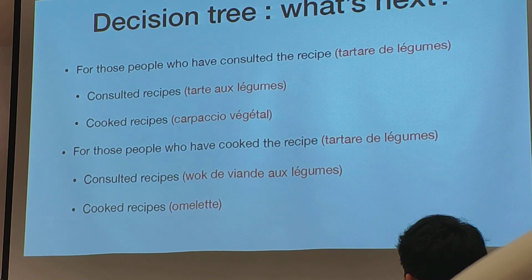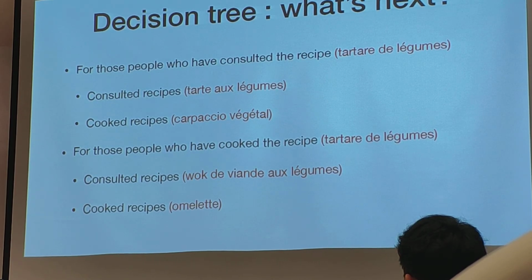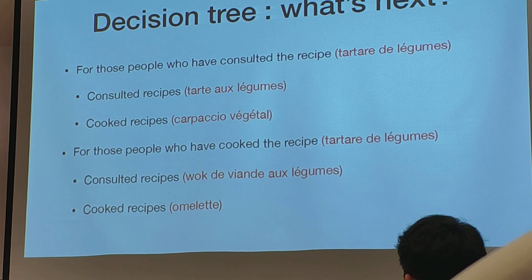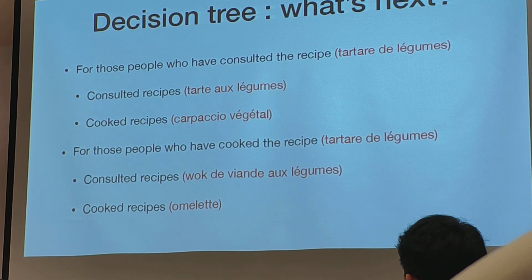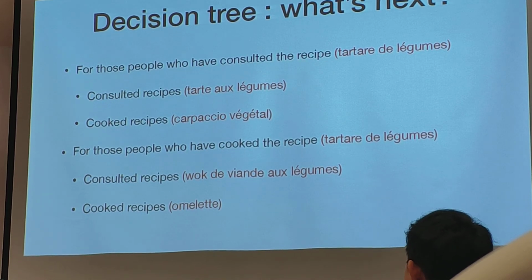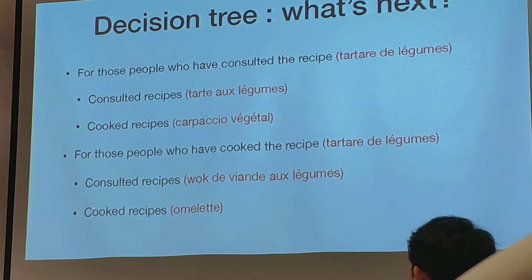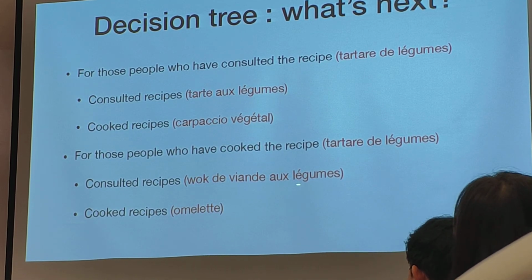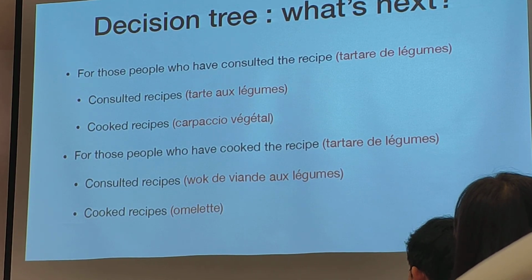And then, for those people who have cooked the recipe, okay, I can differentiate the recipes that have been consulted and the recipes that have been cooked. So here, you are a user, you have consulted tartare de légumes, and here, this is what you have consulted, and this is what you have made, okay?